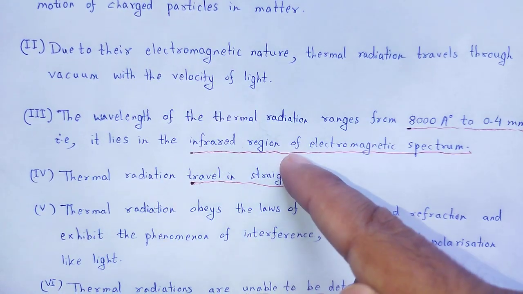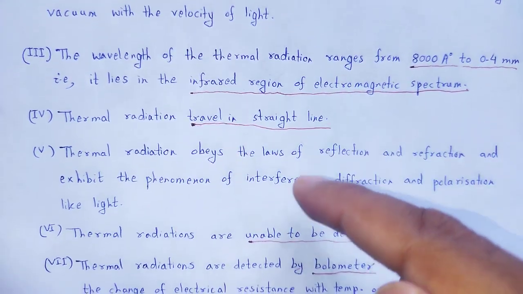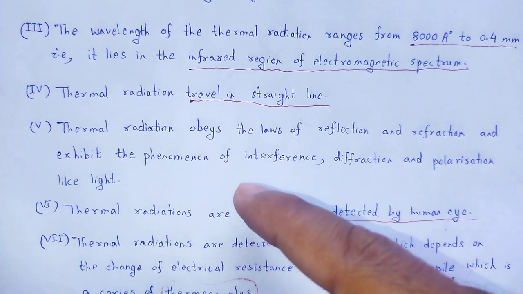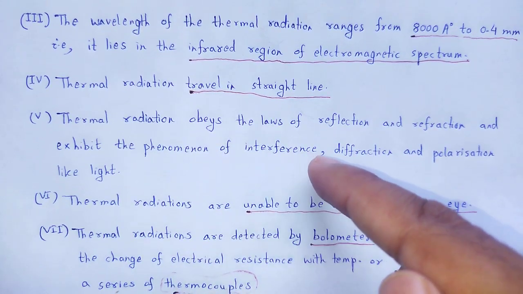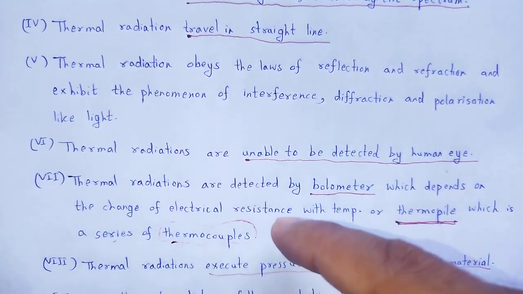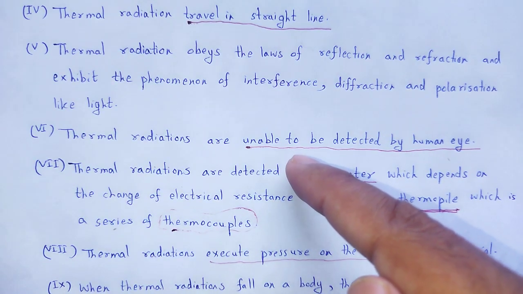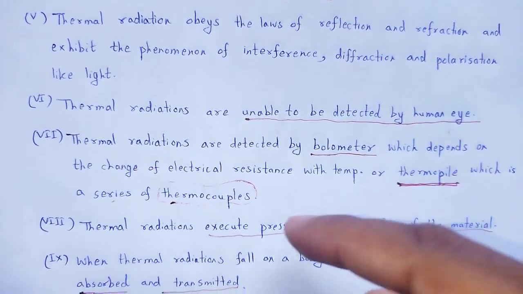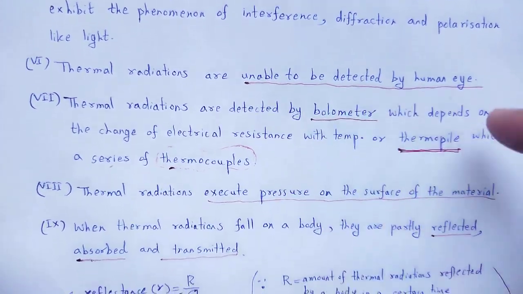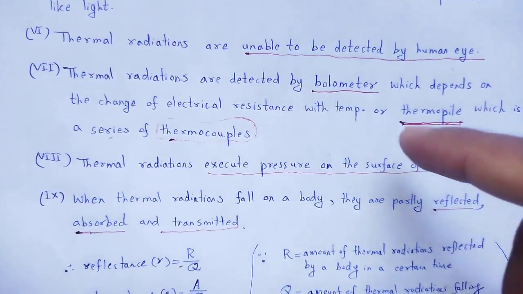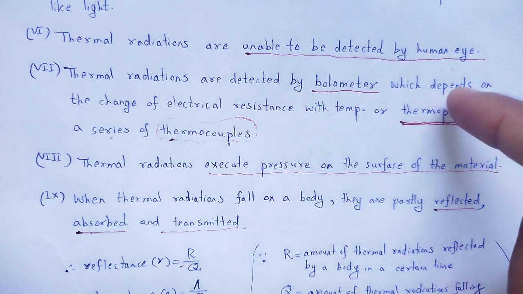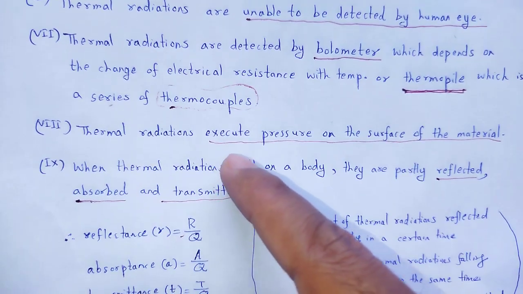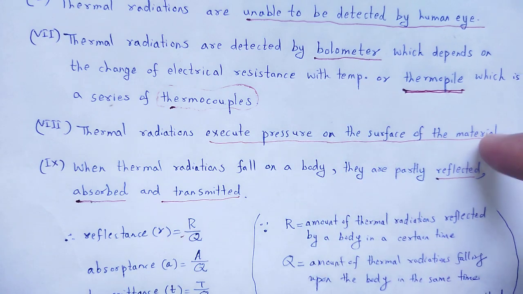It is infrared and travels in a straight line. Just like light, they obey various laws and phenomena. Due to the infrared region, they cannot be detected by the human eye, and they are detected by the bolometer and the thermopile, on which principle these two instruments act. They also exert pressure on the surface of the metal.